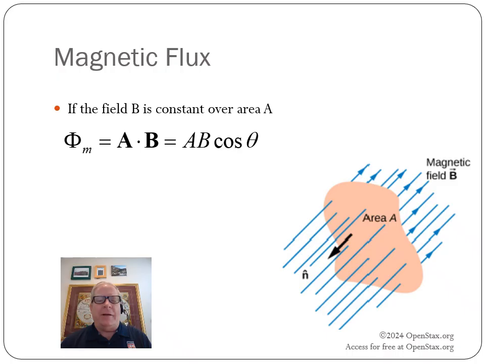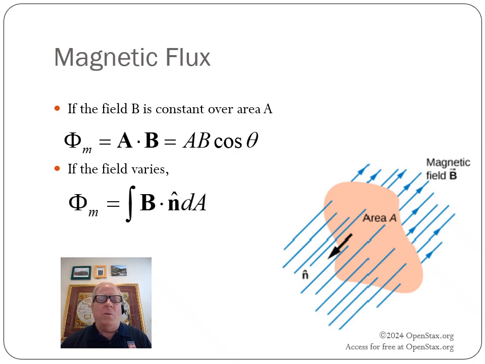So the magnetic flux would be the magnitude of the area times the magnitude of the magnetic field times the cosine of the angle between those two. Now, if your magnetic field varies over an area, we're going to have to take an integral. So we'll take the integral of B dot n hat, that's the n unit vector. Basically, it just gives a direction to the little piece of the area, dA.